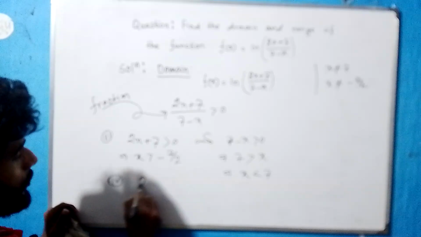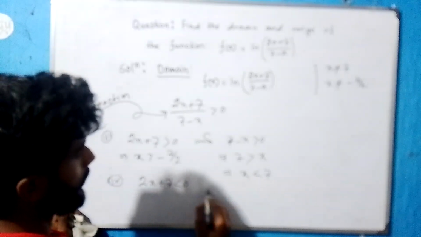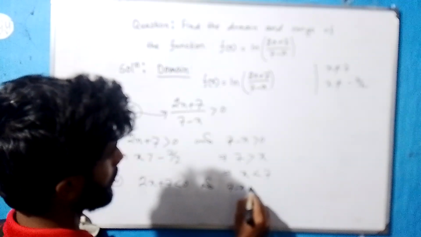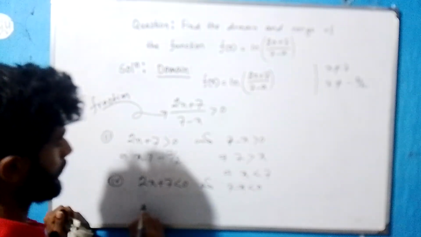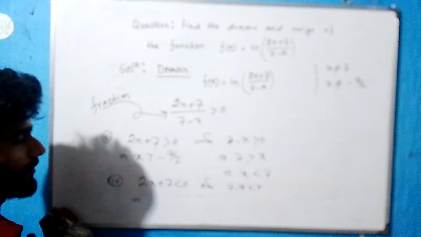So if 2x plus 7 is negative and 7 minus x is negative, then this will be positive.